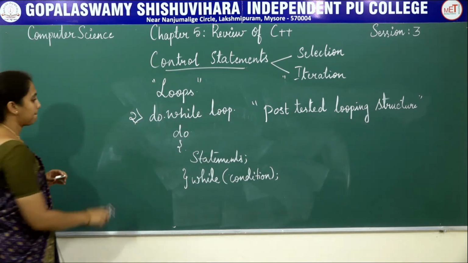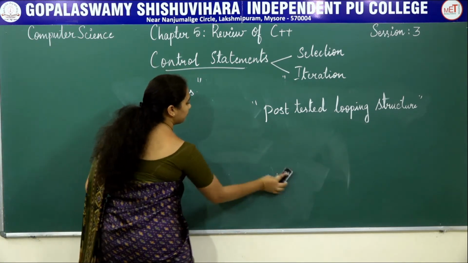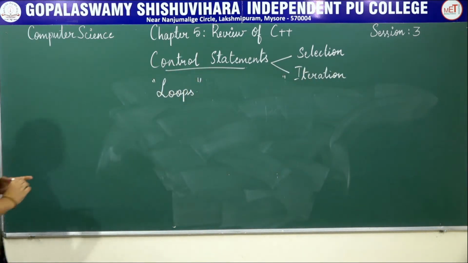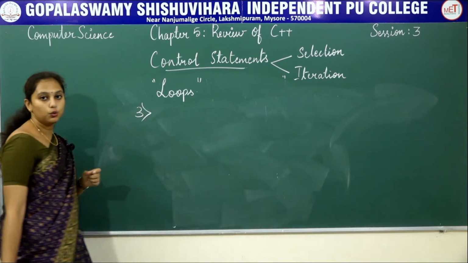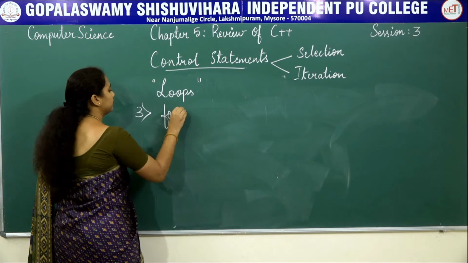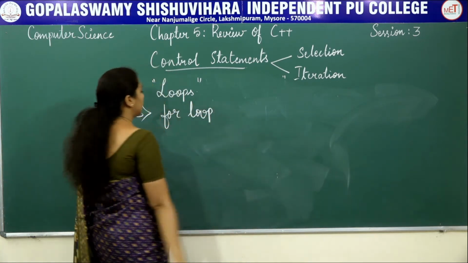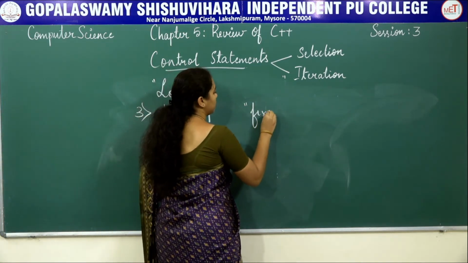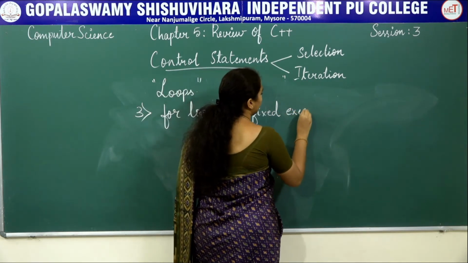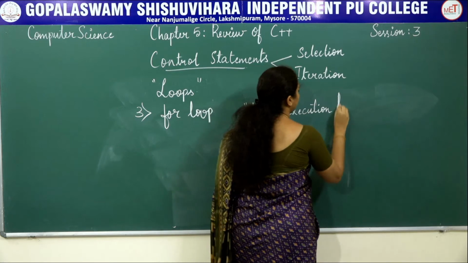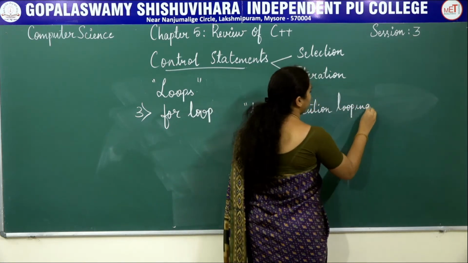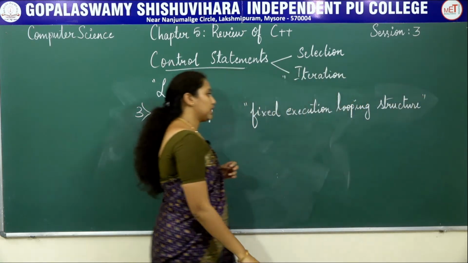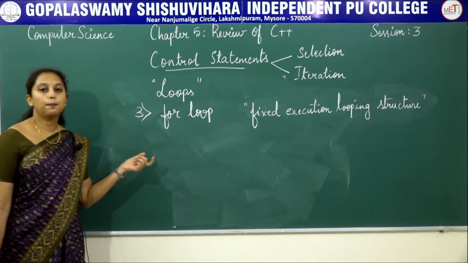Third type of loop is for loop. For loop is also called as fixed execution looping structure.